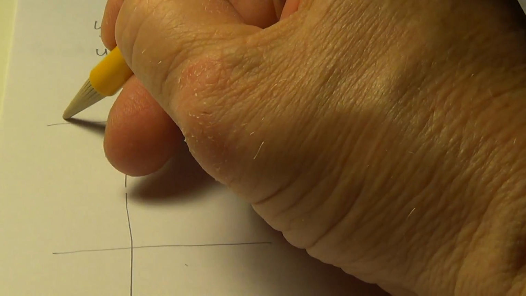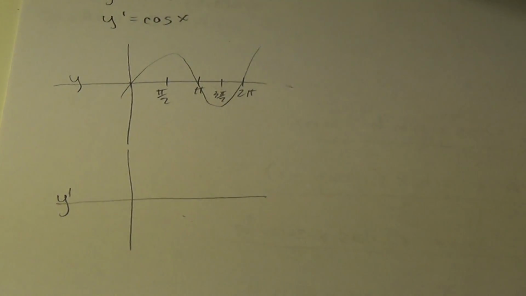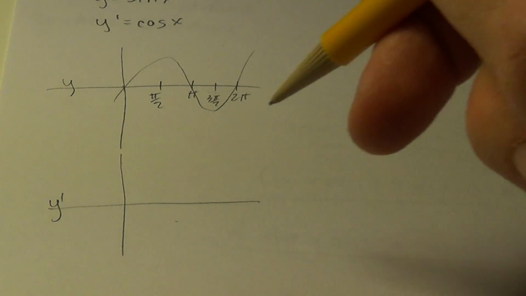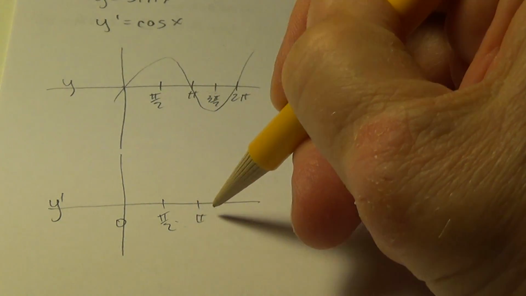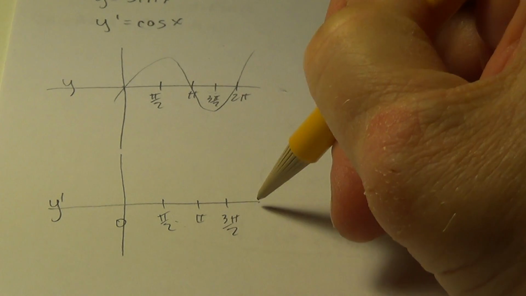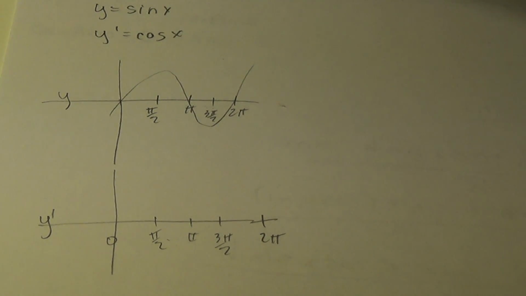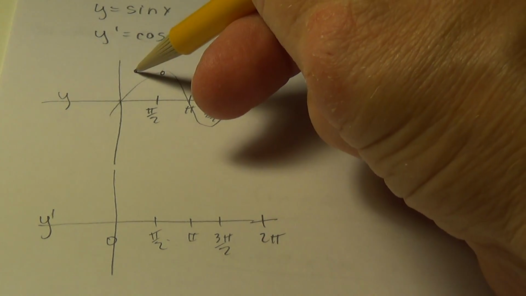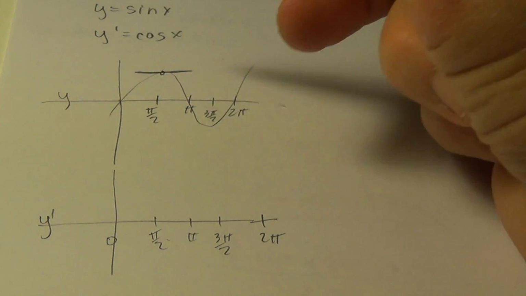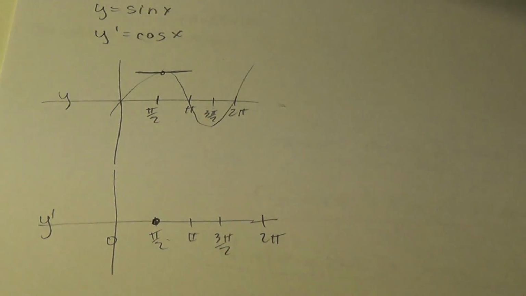So this is going to be my function y, and down here is my function y prime, the derivative. So putting in the tick marks, let's do that. So let's go where the derivative is most easily accessible, right at pi over 2. What's the slope of the sine curve? It is 0. So at pi over 2, the derivative, I'm sure, is 0.